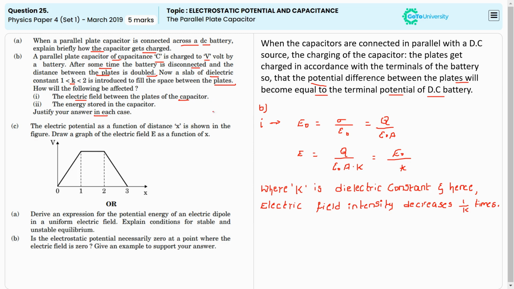Second part, the effect on the energy stored in the capacitor.